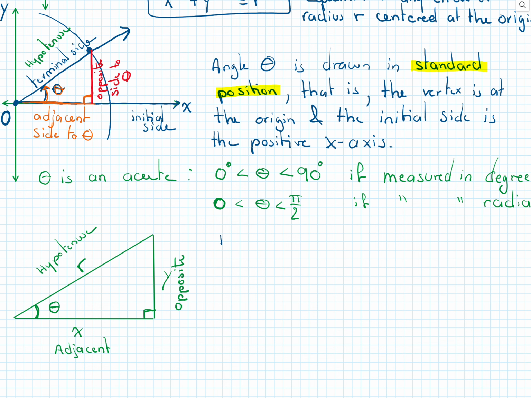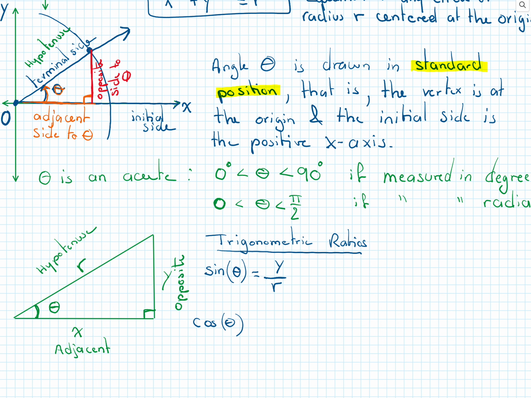So let's put that down. So we have the sine of theta will be opposite over hypotenuse, right? So opposite is my y side, so y over the hypotenuse, which is r.